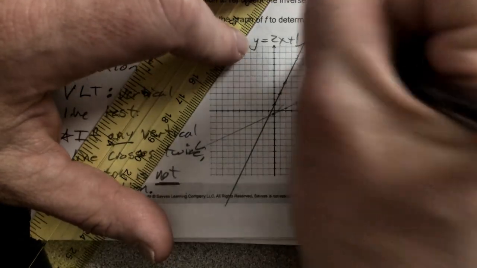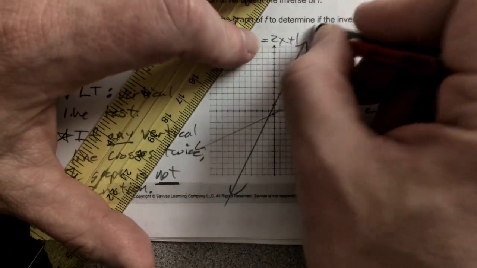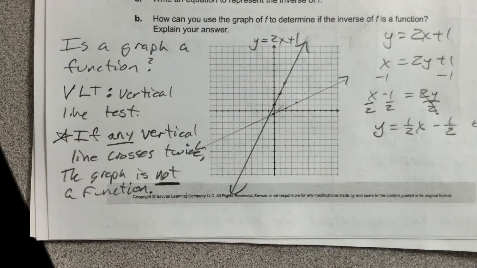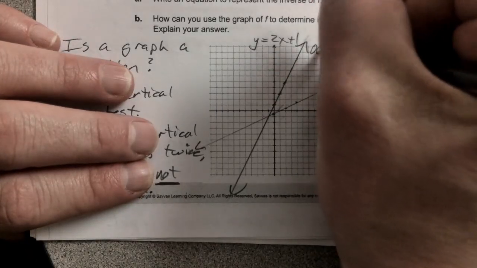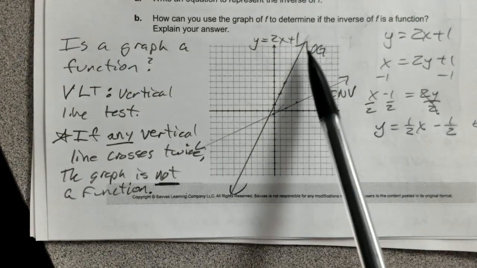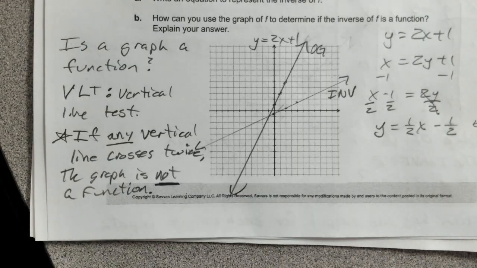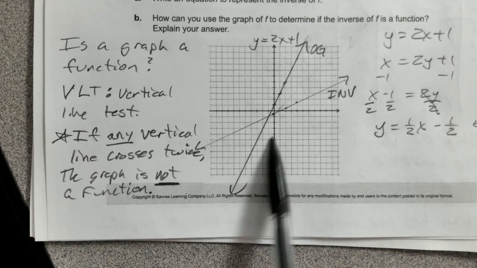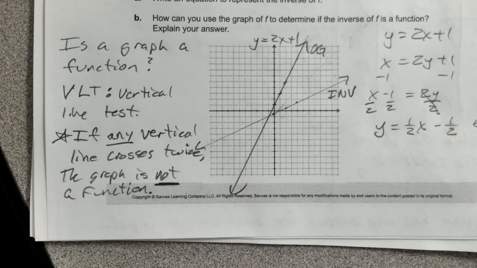This graph right here is the original. So we have the OG and the inverse, the original function and its inverse. What do you notice about these two graphs?